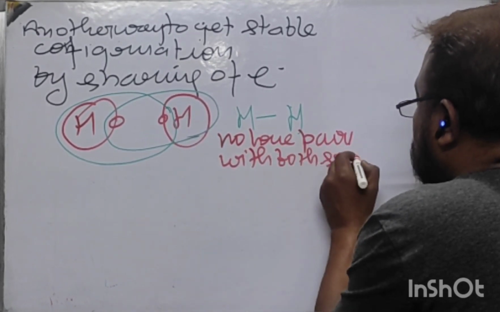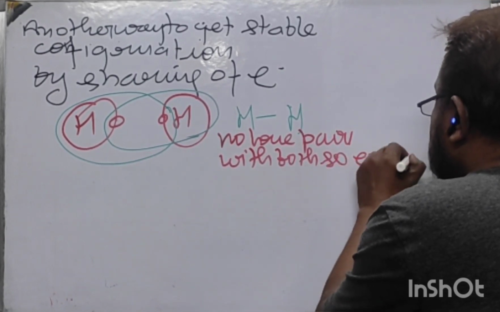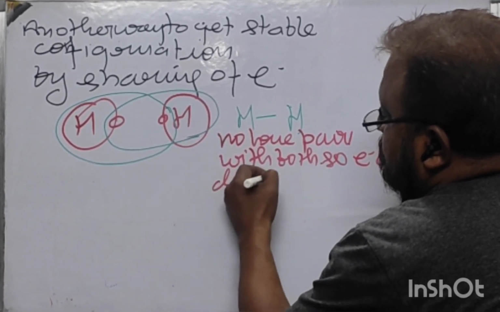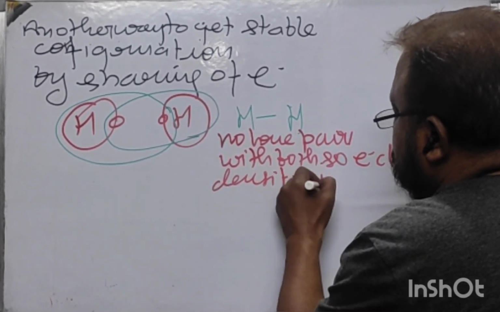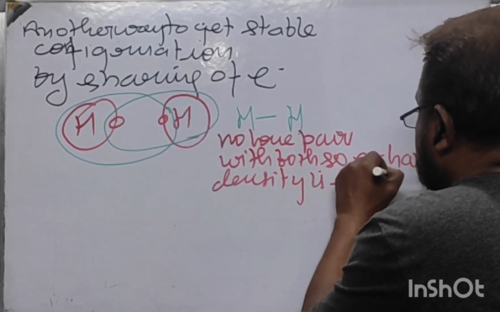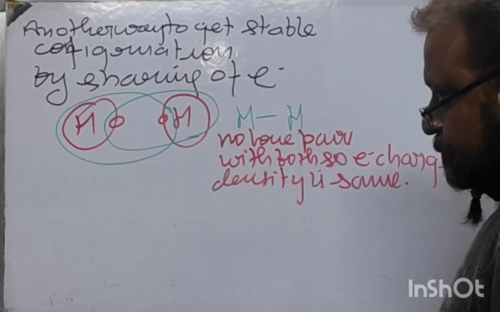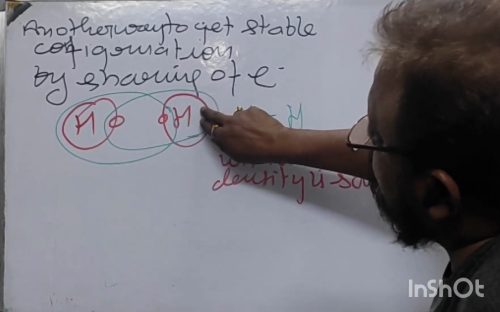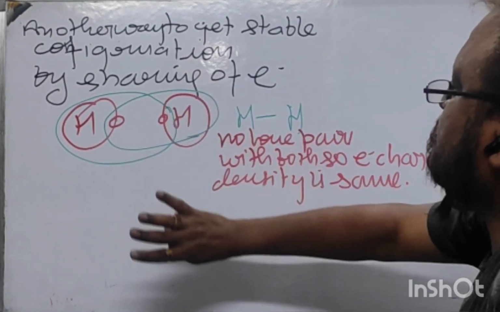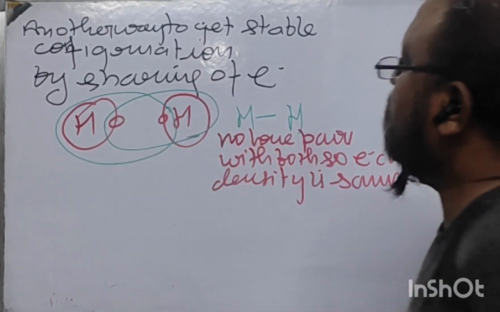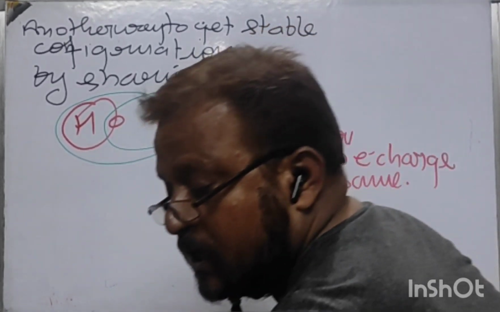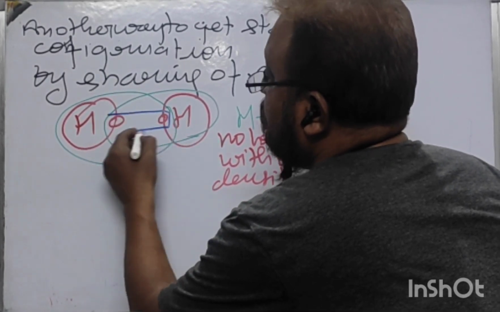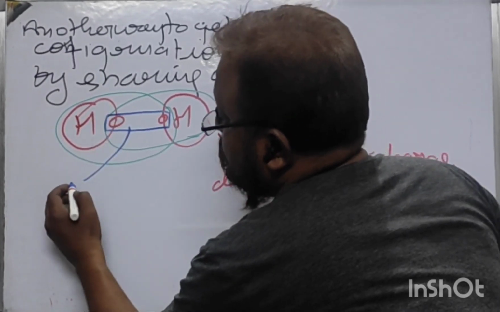So the electron charge density is the same, right? मतलब दोनों के पास इलेक्ट्रॉन लोन पेयर नहीं है, तो इनकी इलेक्ट्रॉन चार्ज डेंसिटी सेम है. तो ये जो हमारा शेयर्ड इलेक्ट्रॉन पेयर है, this is called shared electron pair.